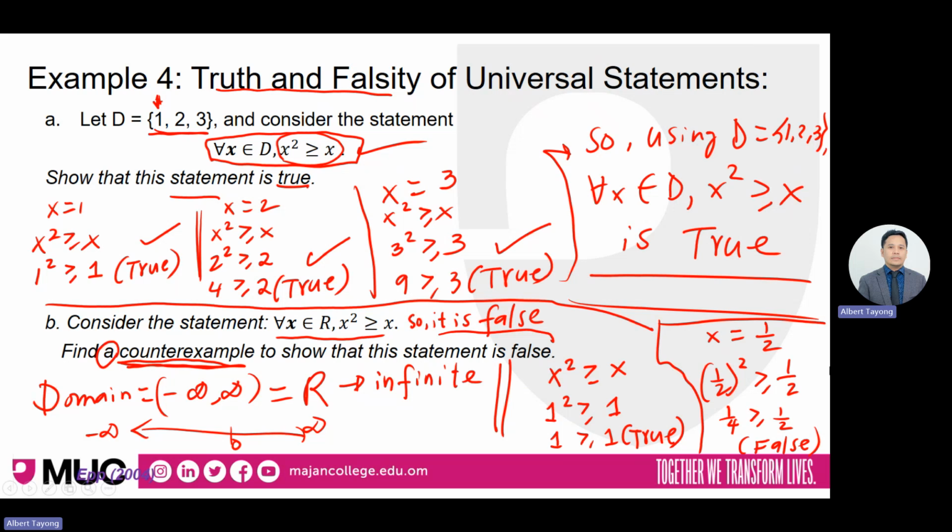You can have more examples. I think all the proper fractions will prove that this statement is wrong. So that's the meaning of that. When we find a counterexample, a counterexample is a value that will make our universal statement wrong or false.